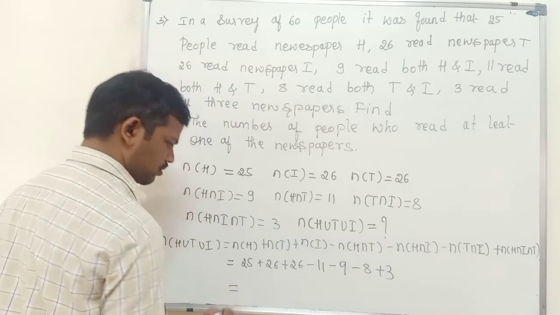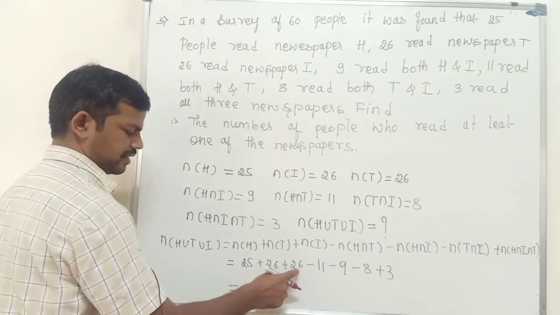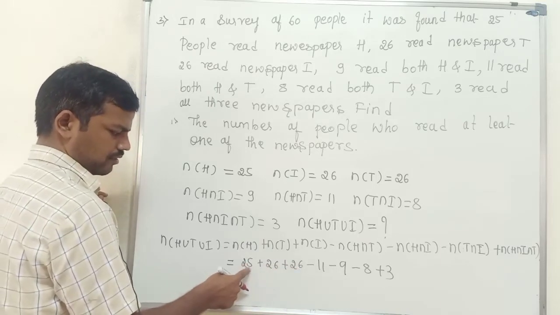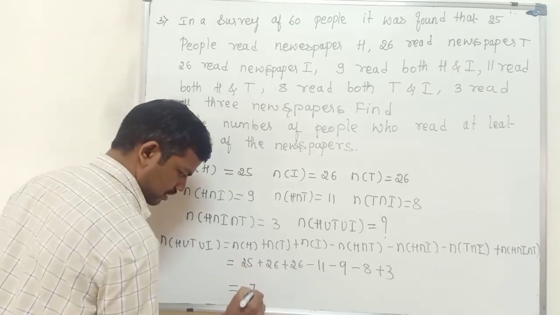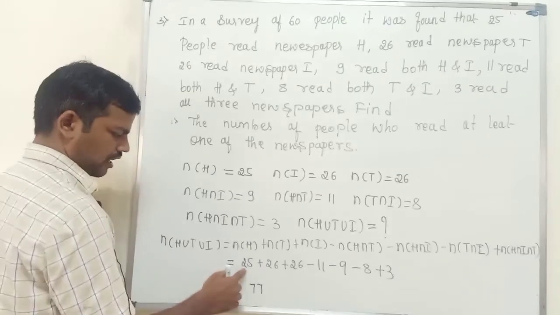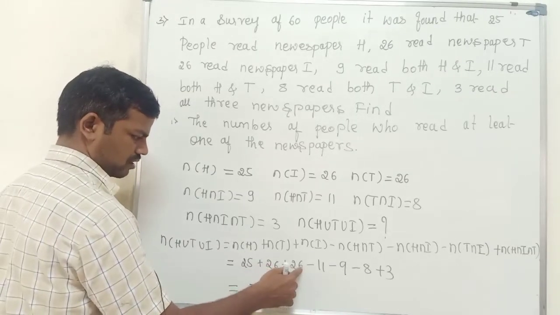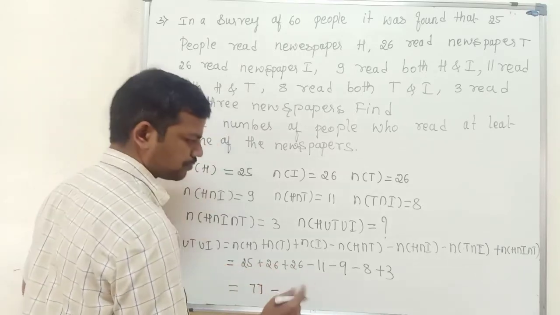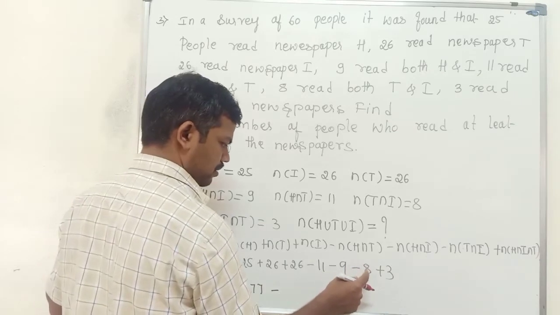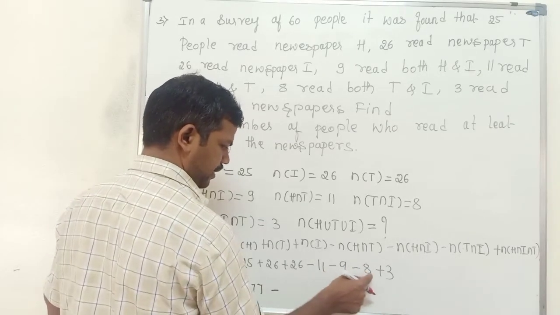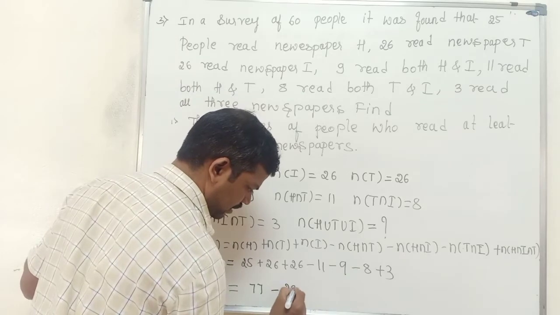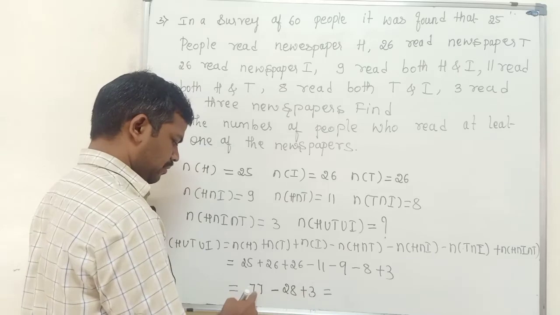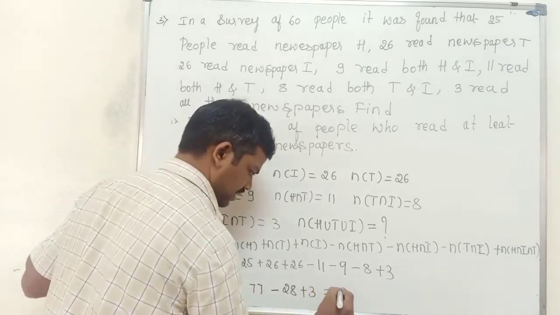Adding these up, 26 plus 26 is 52, plus 25 is 77, plus 3 is 80.